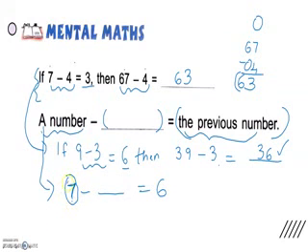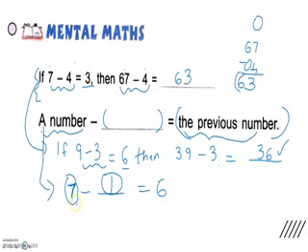So a number minus dash is equal to the previous number. 7 minus dash is equal to the previous number. So 7 minus what number is 6? What do we have to subtract from 7 to get 6? Yes, very good. 7 minus 1. 7 minus 1 is equal to 6.